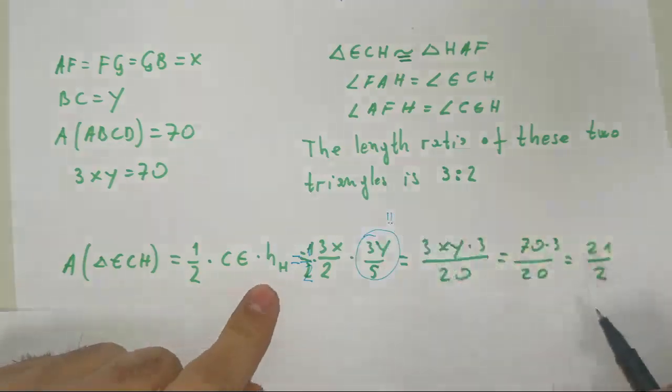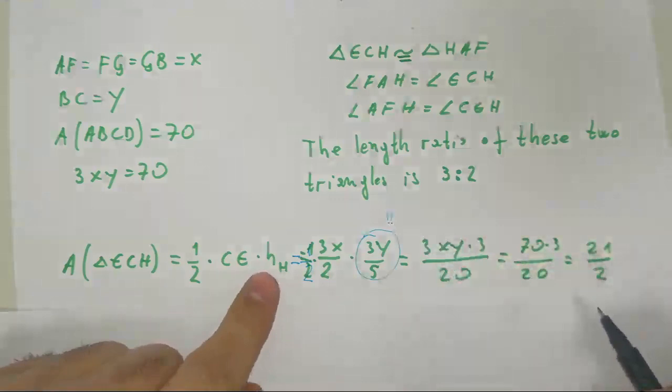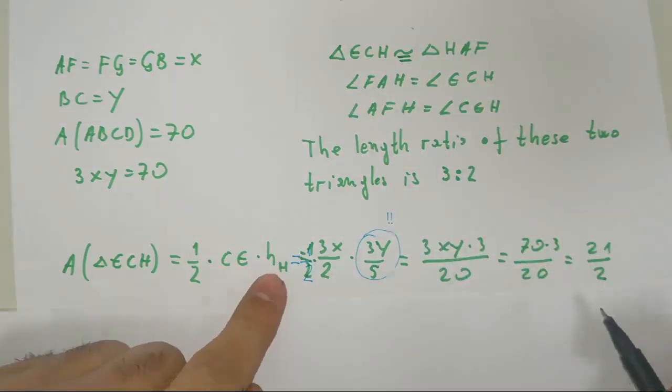Think a little bit why the height at the point H is 3y over 5. You will have 2 minutes to think, and then we will continue explaining the rest.